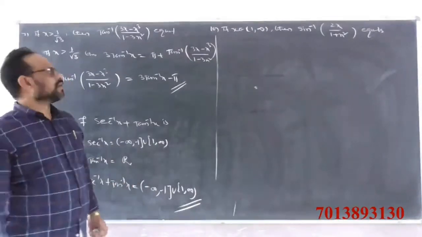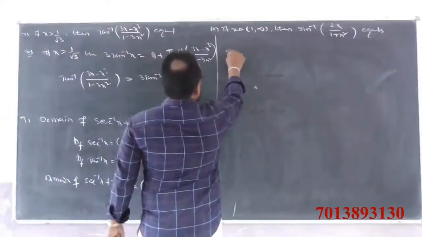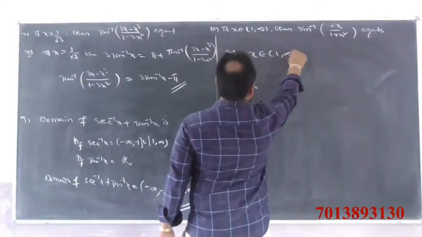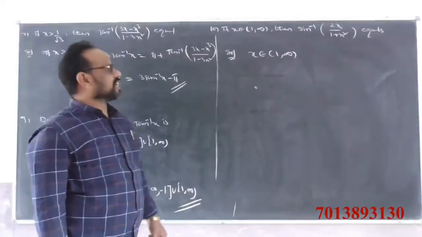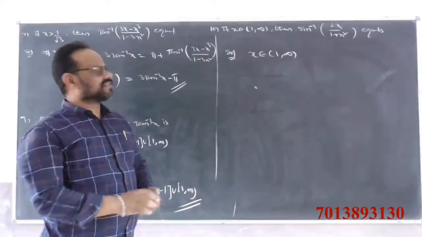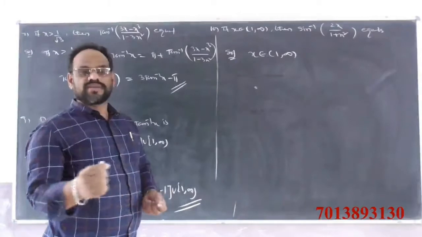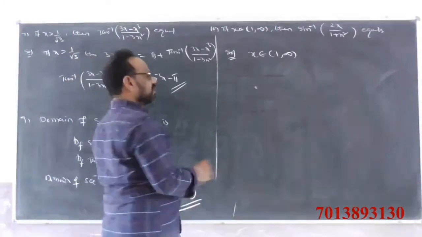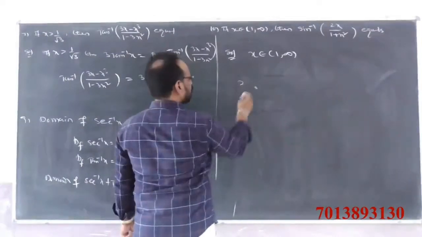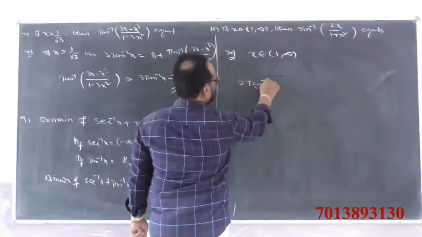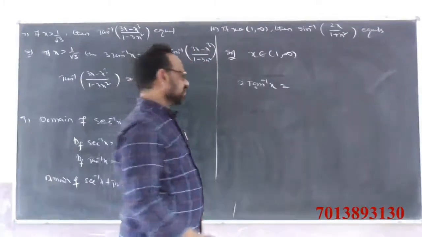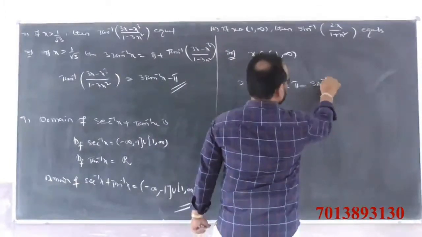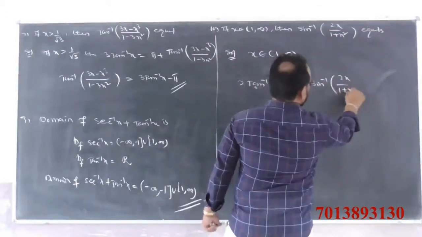So we get this. Next, if x belongs to 1 to infinity, then we want the value of sin inverse of 2x by 1 plus x square.